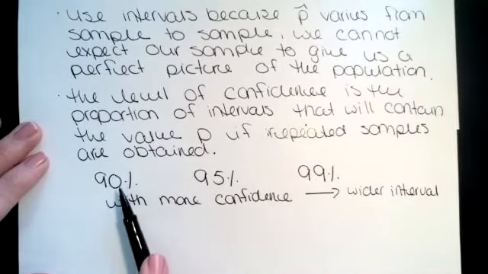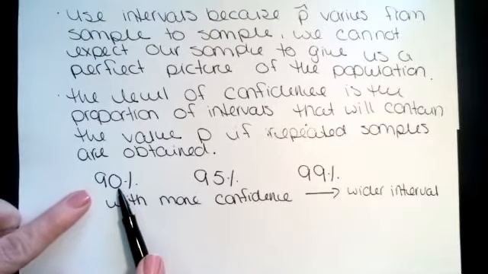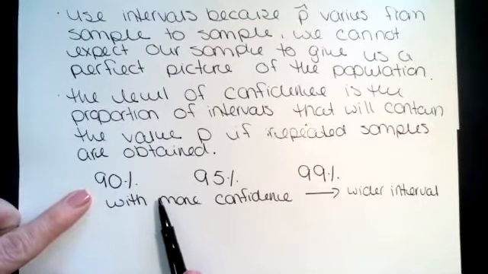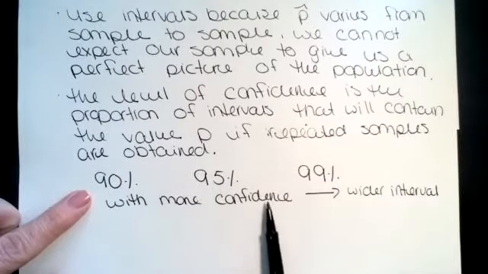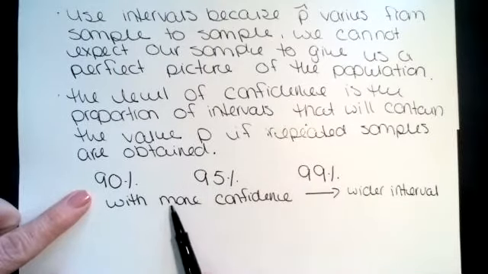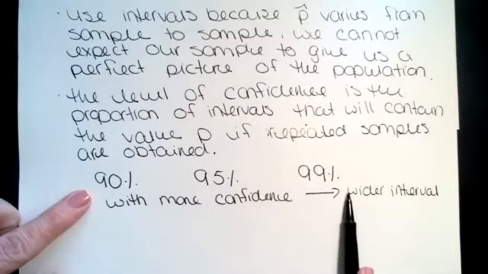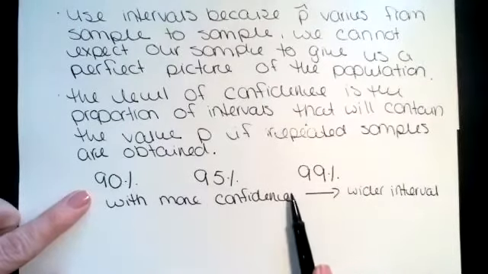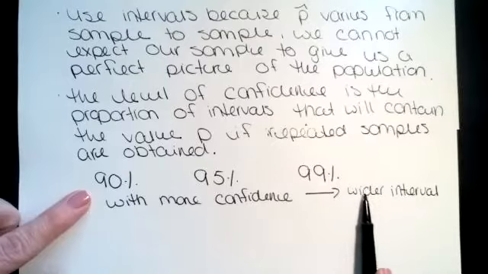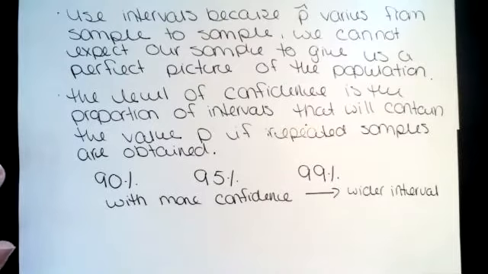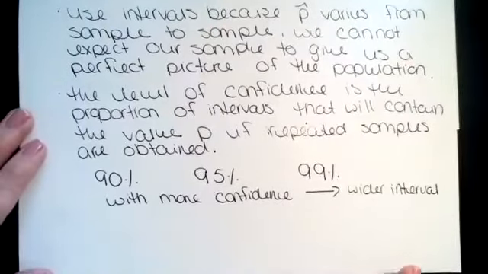So if I build a 90% CI, my interval would be smaller, so the range of numbers would be smaller compared to a 95 or a 99. As I increase my confidence, my interval becomes wider and I'm more confident because I include more numbers. That's my confidence level. Your calculation for a confidence interval is always the same. Your calculation is not changing, so you're never going to feel more confident in the calculation.